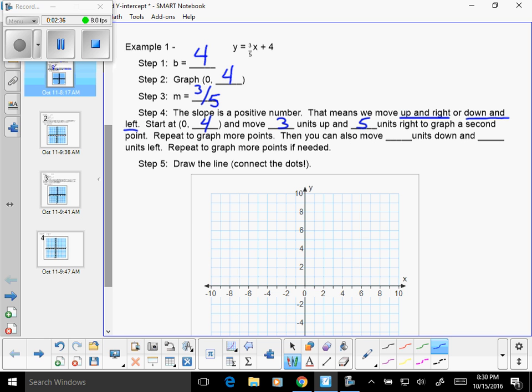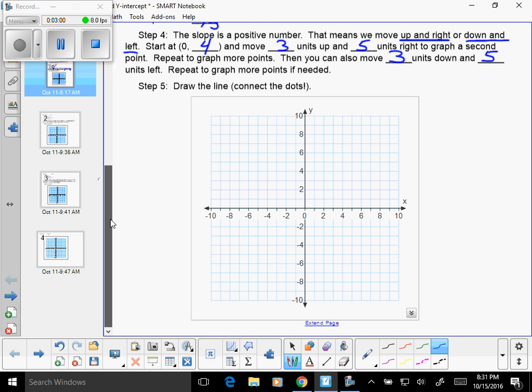And we can constantly repeat that in order to graph more points. Then you can also move, if you want to, 3 units down and 5 units left. Now remember, with a positive slope, it's up and right, down and left.